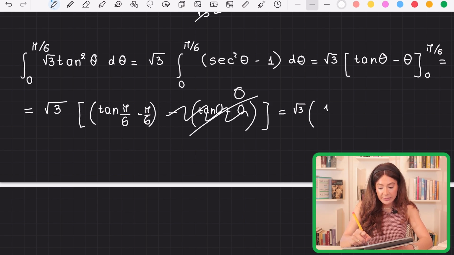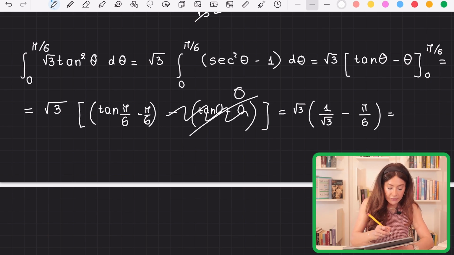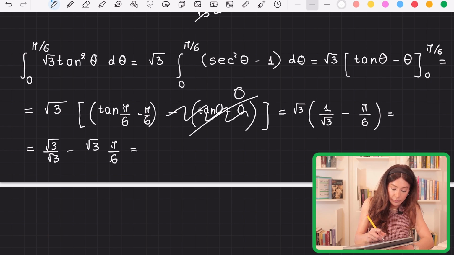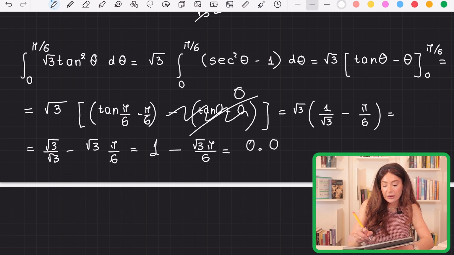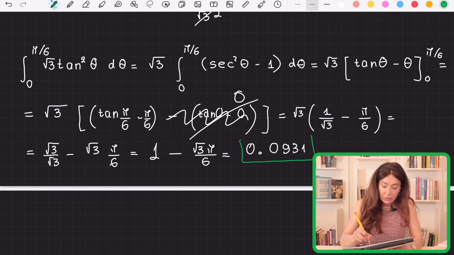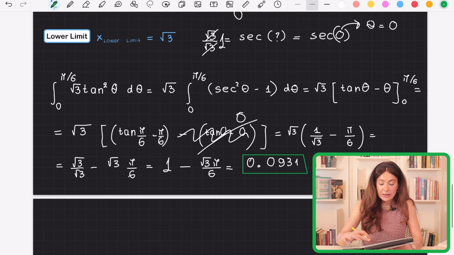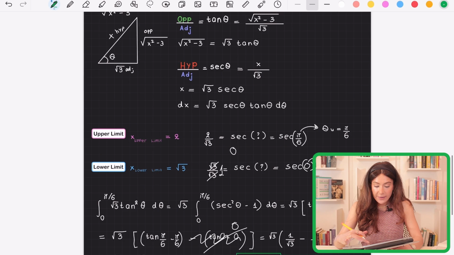So that is simply 1 over square root of 3, and that is just pi over 6. You pop that in your calculator, you can box that, and then that's the final answer, okay?